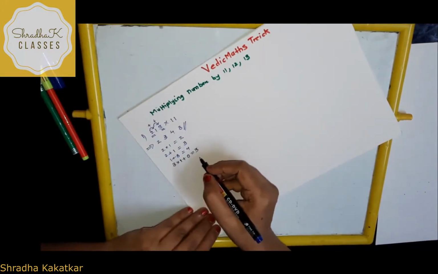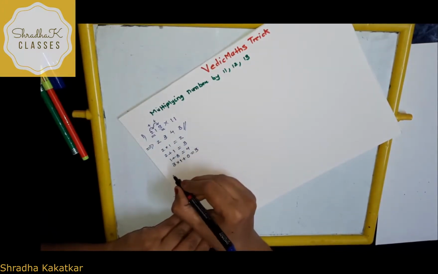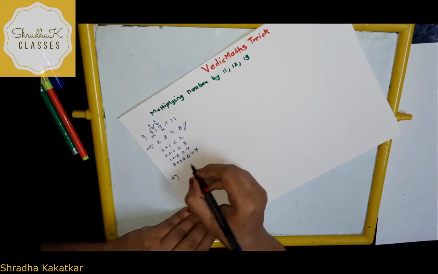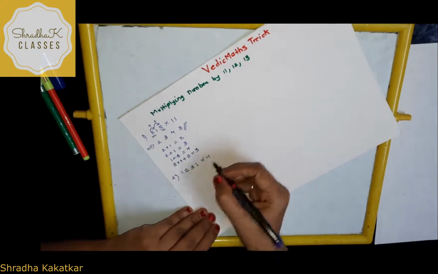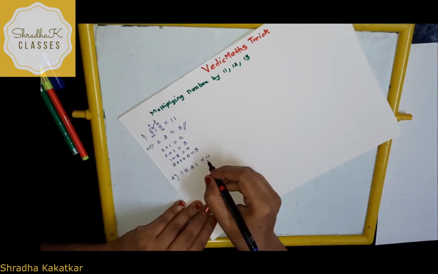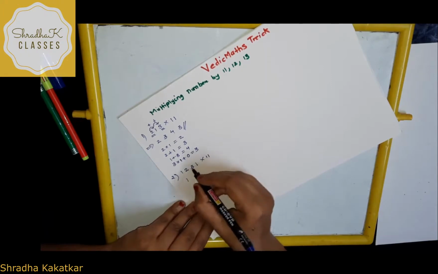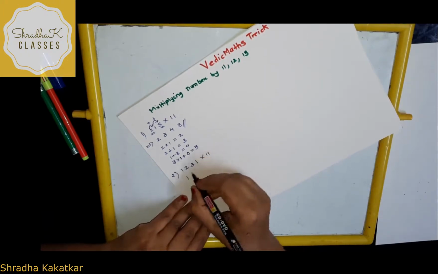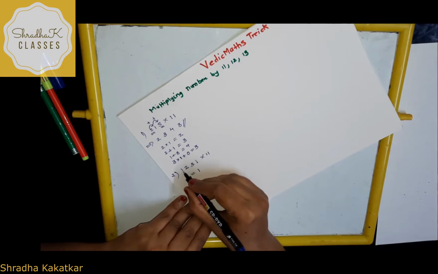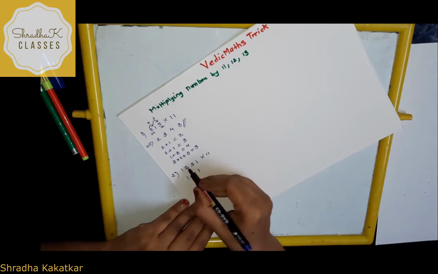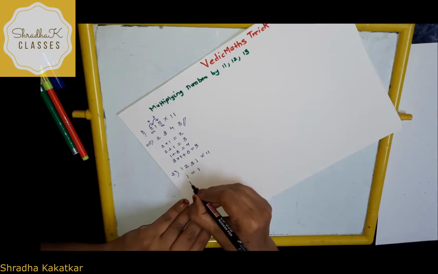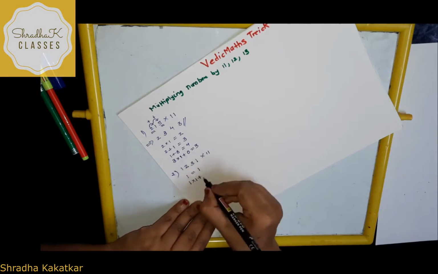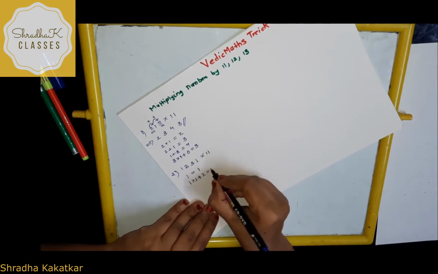Now let's take another example. 1231 into 11. So what I will do is write the first number as it is, so 1. Then next I have to do 1 plus 2. 1 plus 2 is 3.